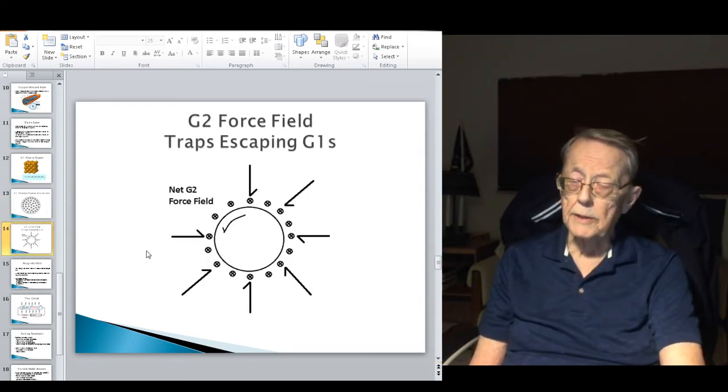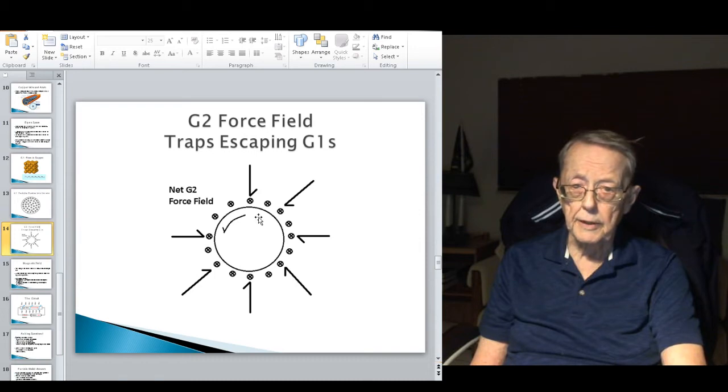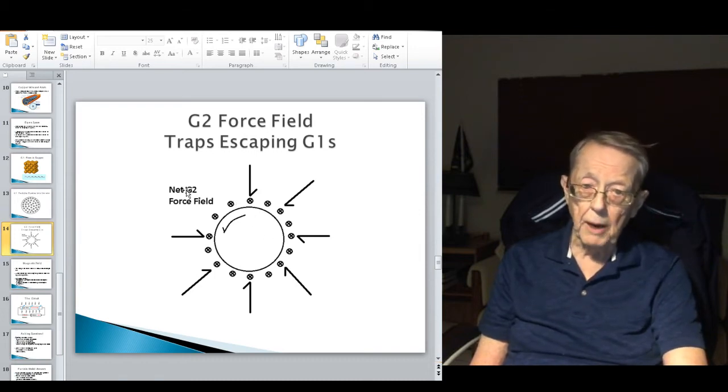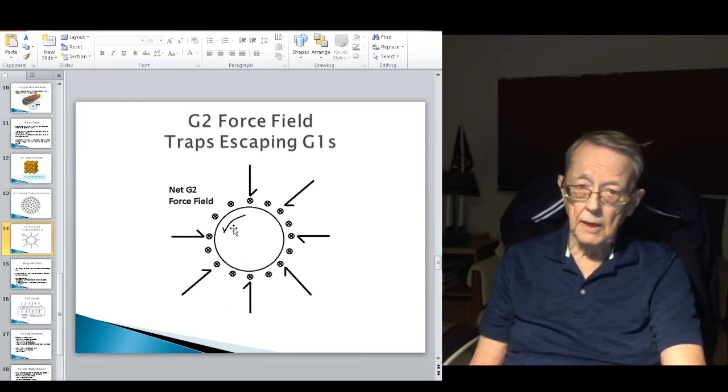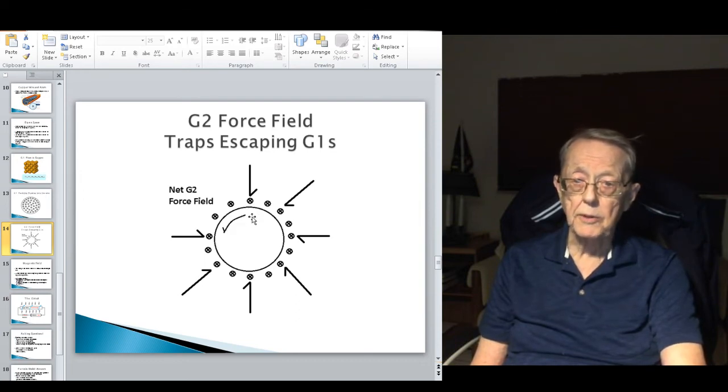So when some of them escape, they may escape naturally because they were at the edge and they just sneak out, or they could bounce, they could scatter out, hit and scatter. I'm not sure, but somehow they get out.